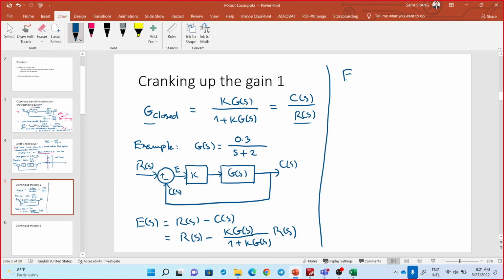So you have error E of s equal to R of s times this one, which becomes just 1 over 1 plus k g of s, right?